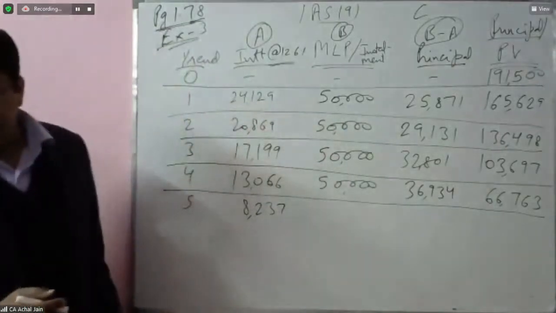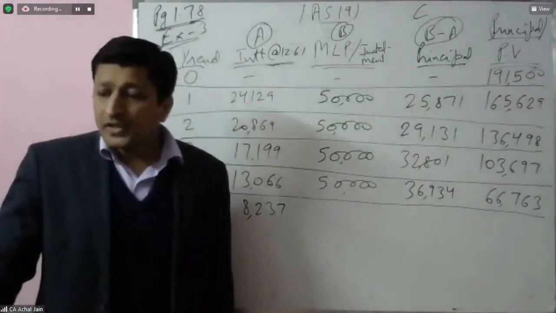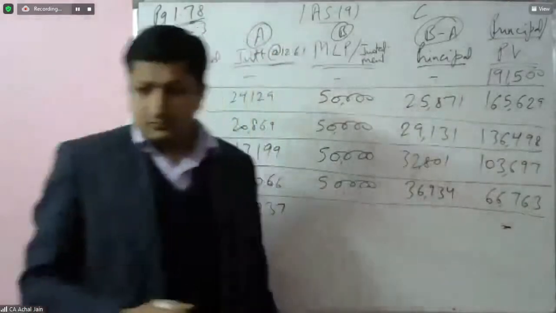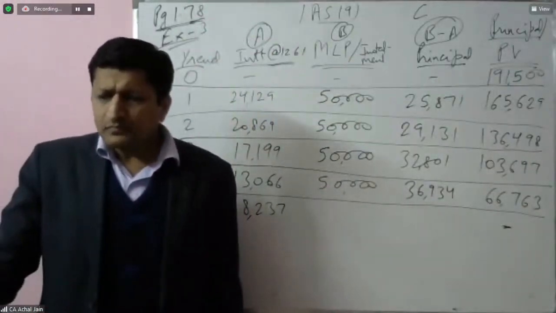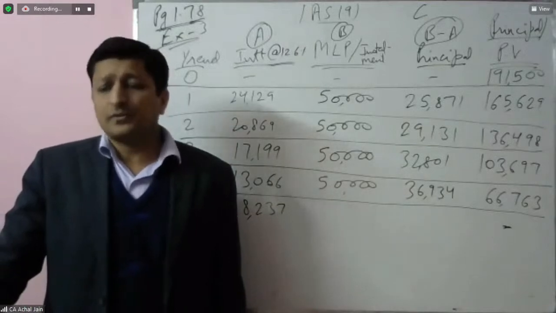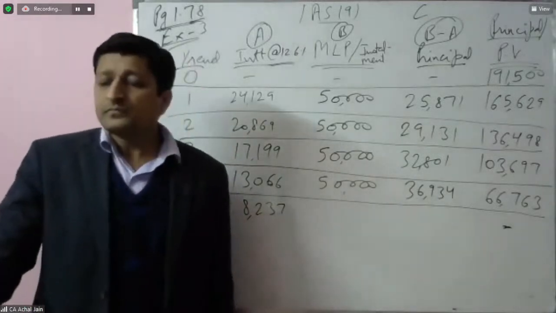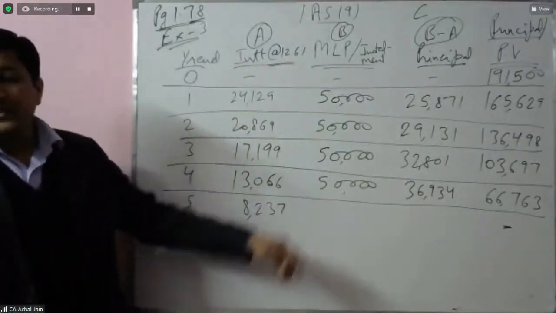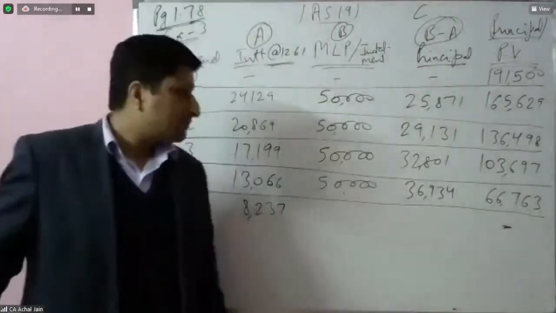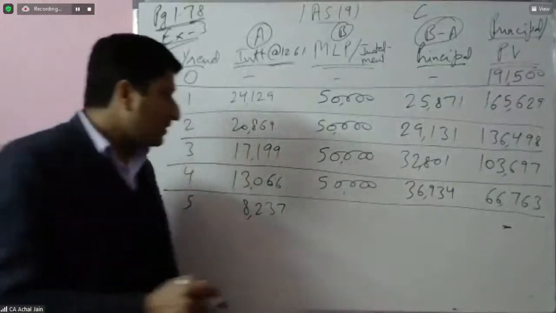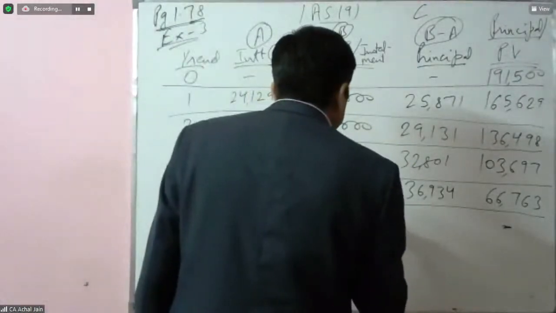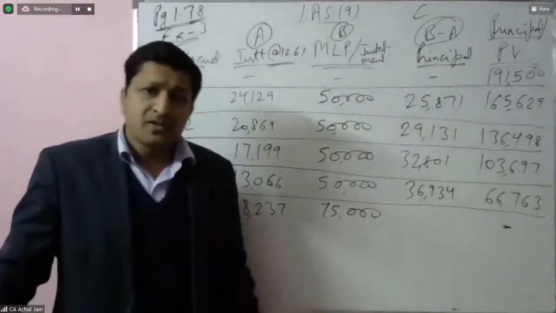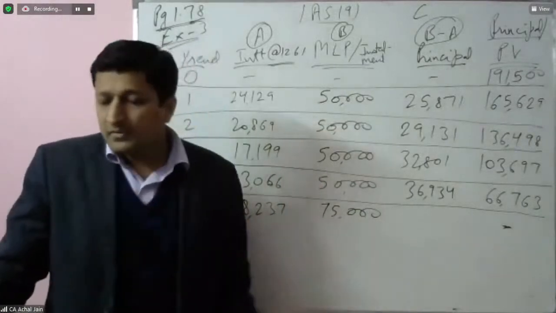By the end of the fifth year, this principal should become zero. Correct? And in the fifth year, we are not only paying 50,000, we are paying 50 plus 25,000, so 75,000, because GRV will come. Remember, GRV will come. So this is including GRV.